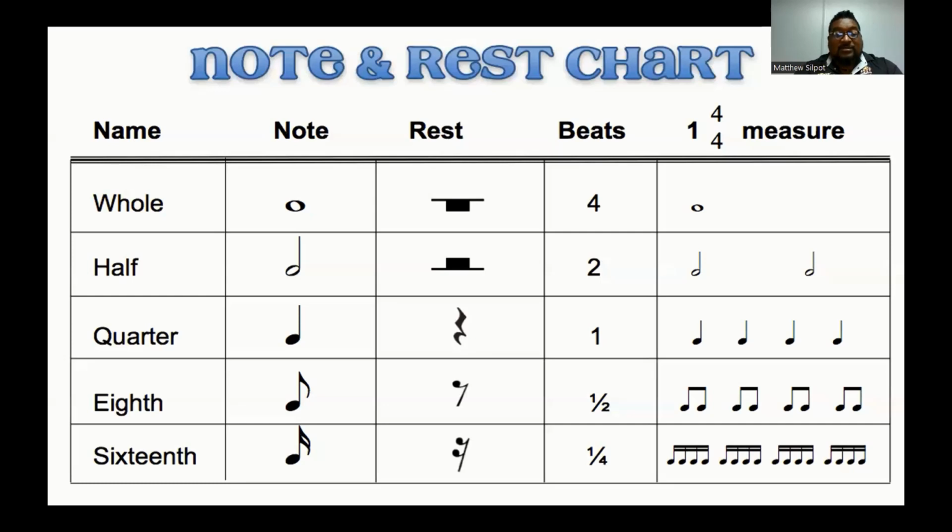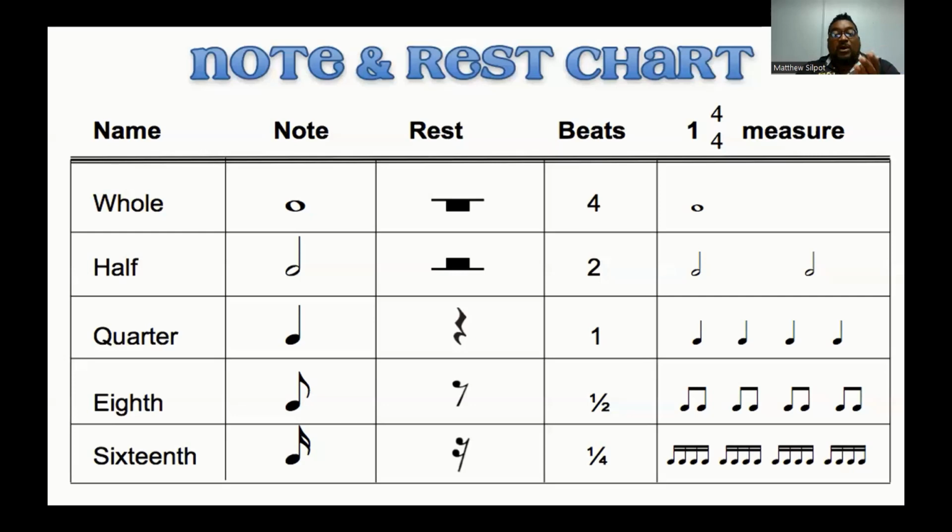And notice the 8th note values half of a beat. So we need 8 of them to make the whole note. So the beats are only getting shorter, still even. So 1 measure of 8th notes, 1.